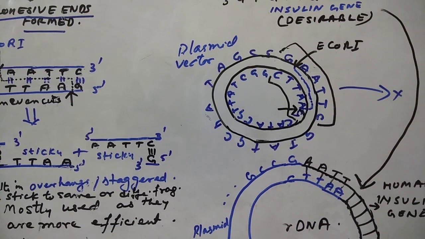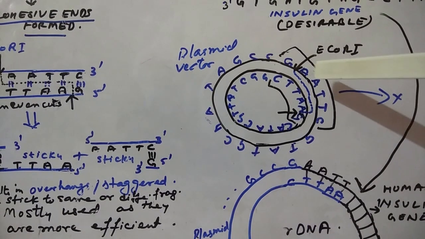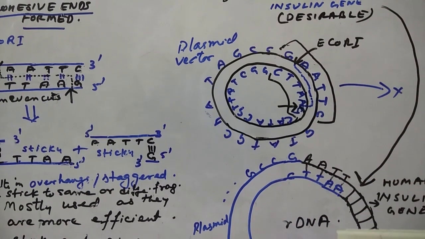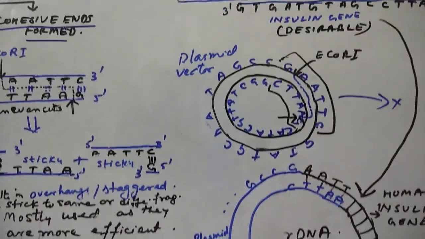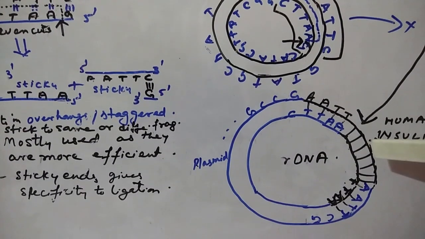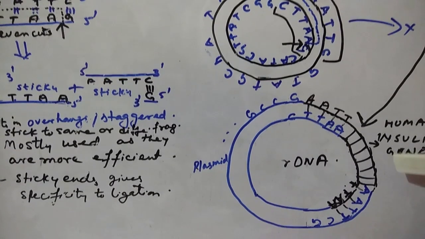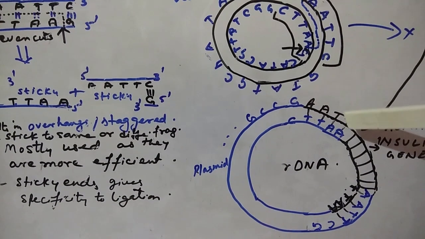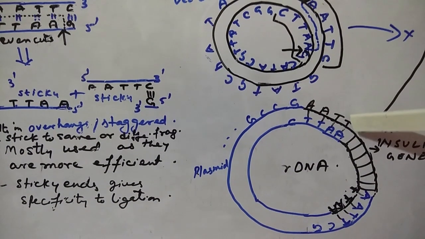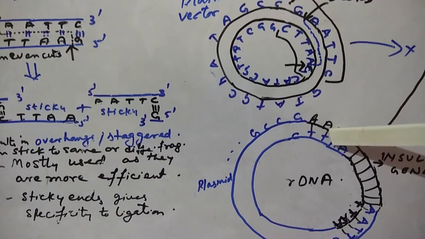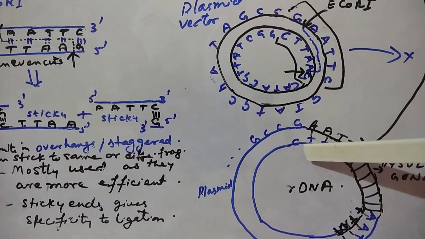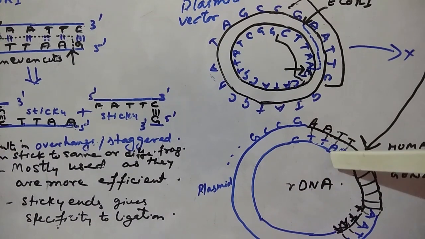Now, what do we do? I have drawn the plasmid a little bigger here so as to get this insert fixed into that gap area, into the space formed. So now you see the ends of that AATT, this end is joined here, being complementary to the remaining bases.